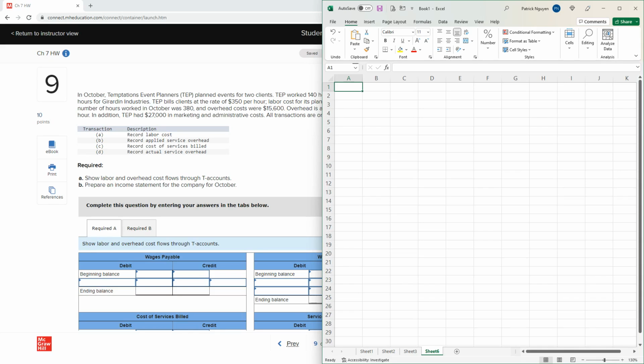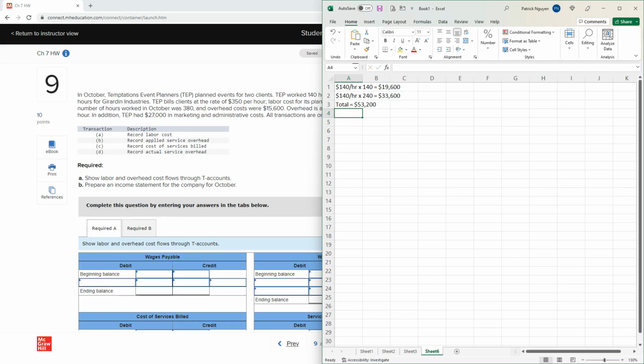We also spent $140 per hour times 240 hours for the other client. That's $33,600. So $19,600 plus $33,600 totals $53,200. So our journal entry for the first one is work in process of $53,200 and wages payable $53,200.